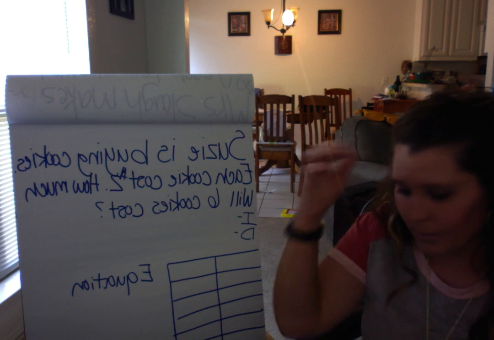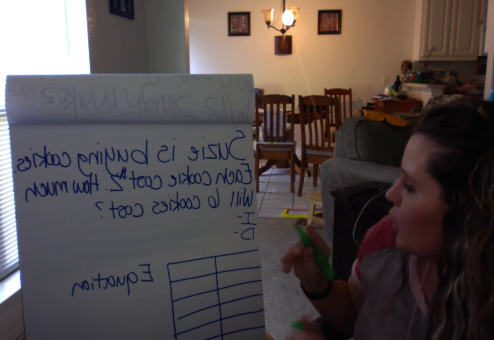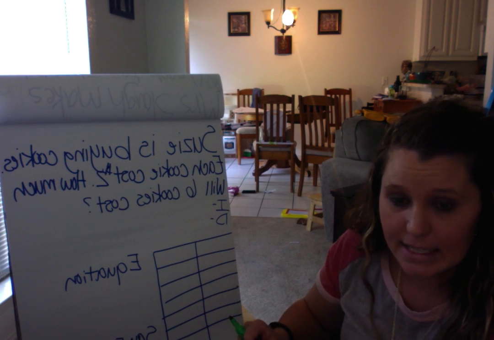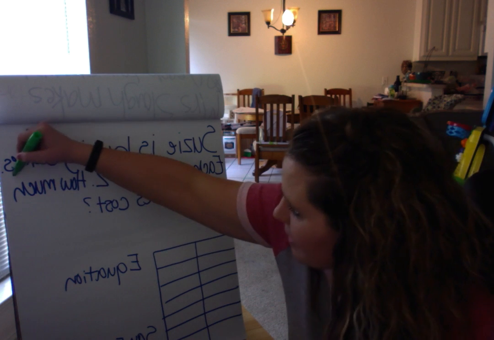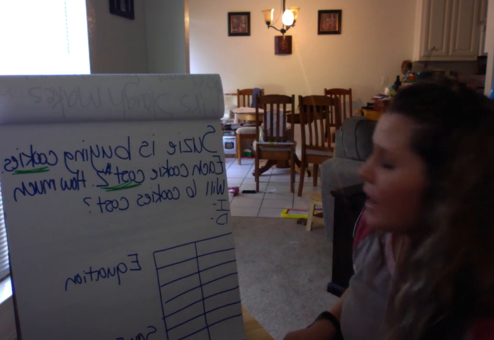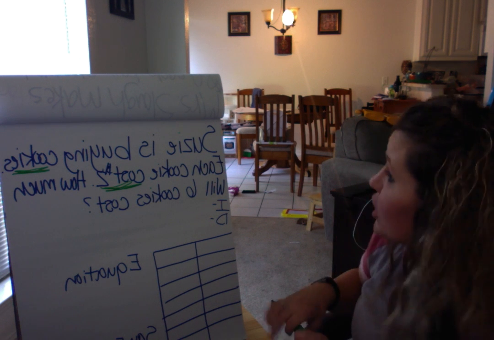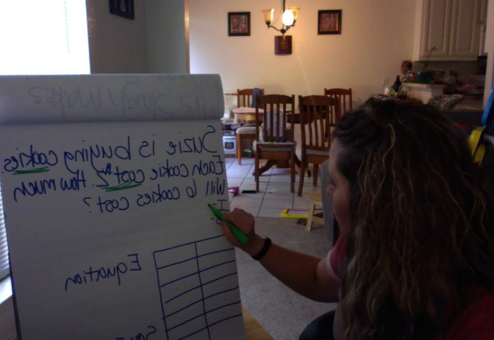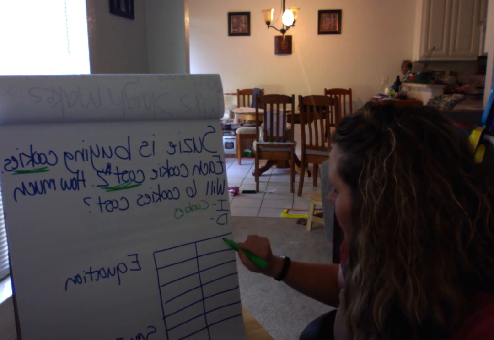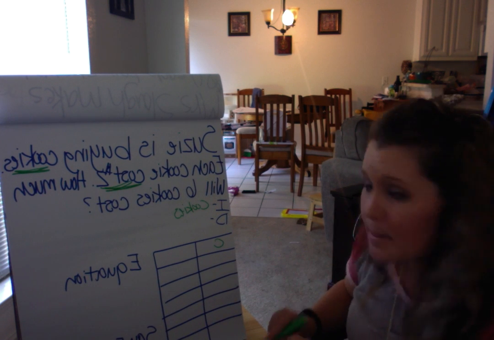The first thing we have to do, number 1, is label our independent and dependent variable. Who can tell me what the independent is? Is it going to be the amount of cookies she buys, or how much the cookies cost? It's going to be the cookies. Very good. So we'll write a C here for cookies, for our table. Then dependent.